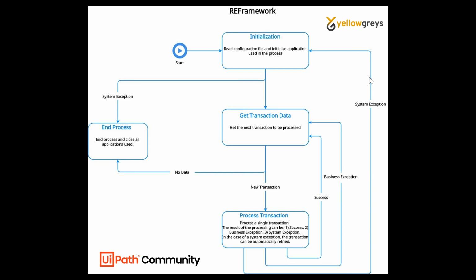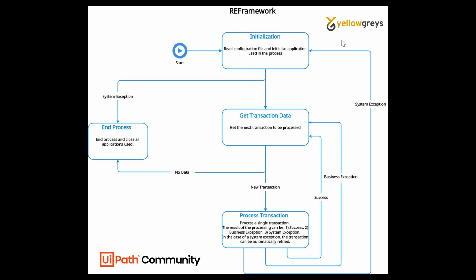That particular item will be retried. So again the bot initializes all the applications, and again the bot retries that particular transaction. That's how it's designed. If there is no transaction, it goes to end process, and the bot closes all the applications involved in that particular process.